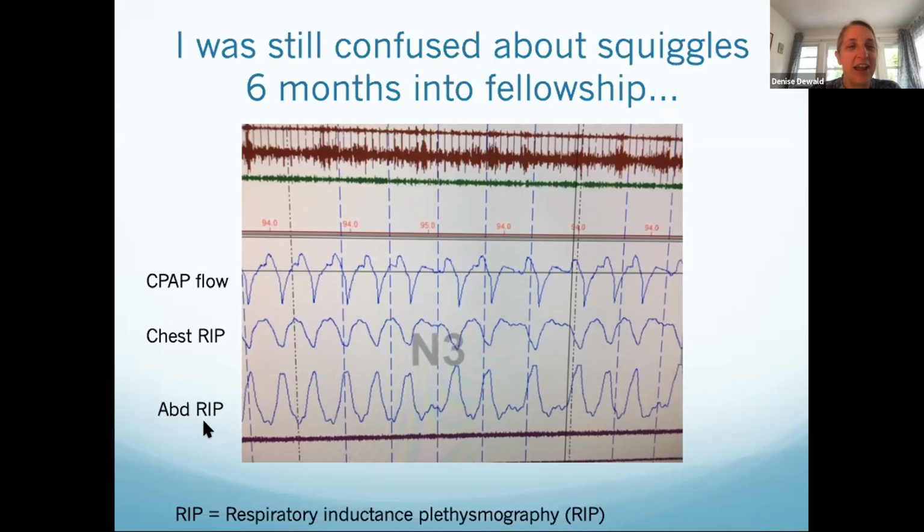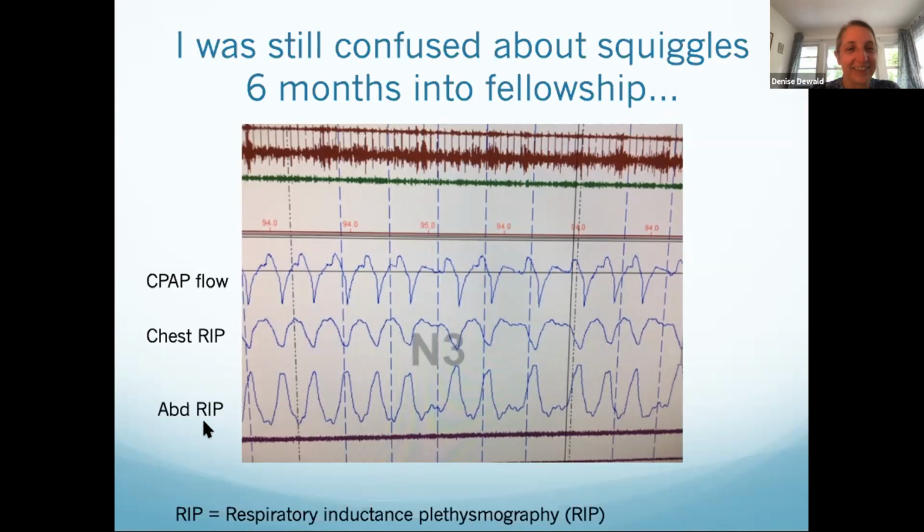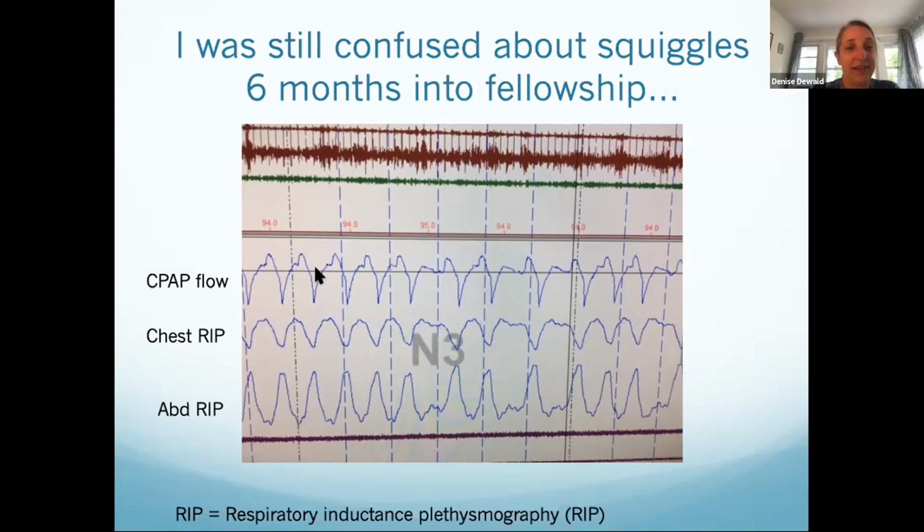So let's start. Are these signals oriented correctly? No, the chest and abdomen are going in opposite directions. Right. Yeah, like Zach said, there's a flow limitation, not at the initial inspiration, but at the peak of inspiration. So is this oriented properly?